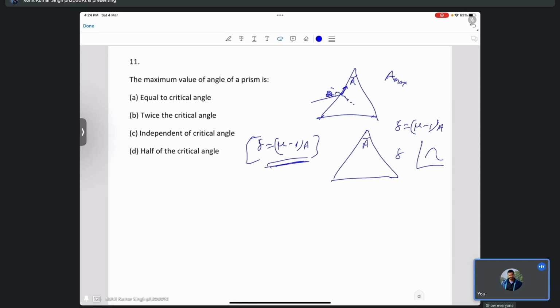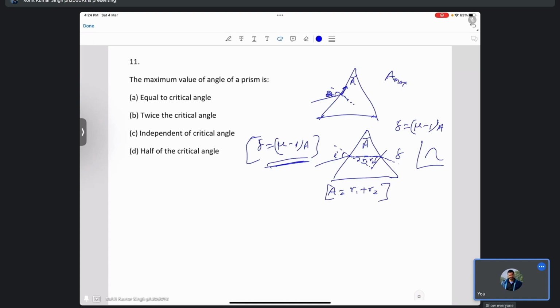You will find that, suppose this is the beam of light coming, this is I, and then it's going like this, R1, here again it's going like this, R2. It will form a triangle like this, and this A is equal to R1 plus R2 always. This can be derived. This is a standard result.